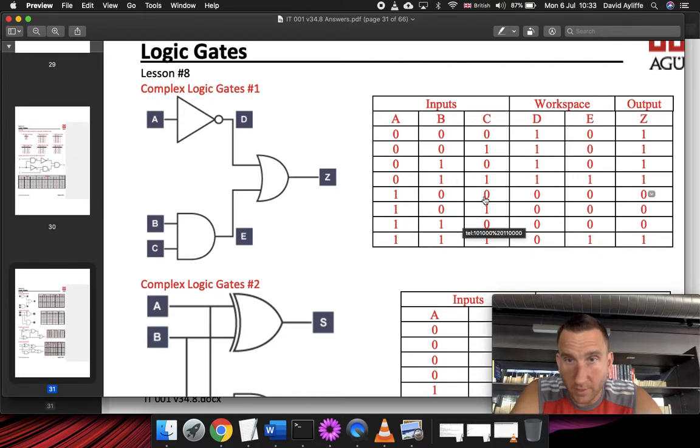All of these have a 0, so they're 0. Here, 2 ones becomes a 1. And then Z is D or E. So only one of these values needs to be positive. So these are positive. Here, these are all 0, so that's going to be 0. And we have positive here, so that is positive.